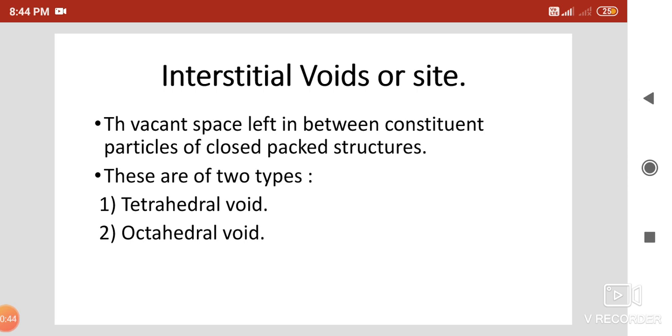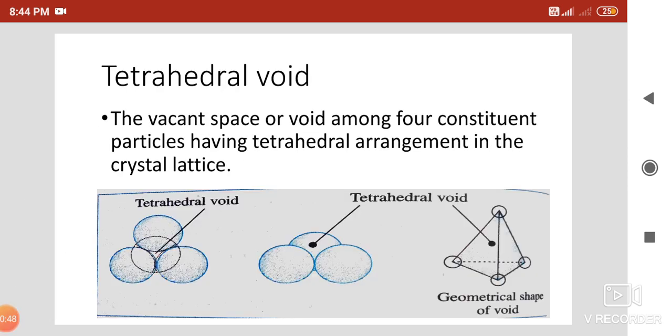Let us start with the first, the tetrahedral void. Now you can see in the figure on the screen a figure about this tetrahedral void. It is the vacant space, or void, among four constituent particles having a tetrahedral arrangement in the crystal lattice.